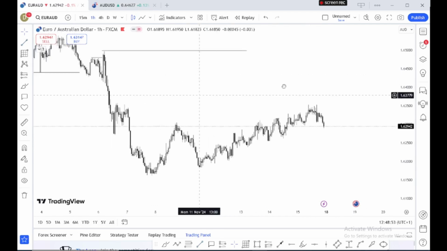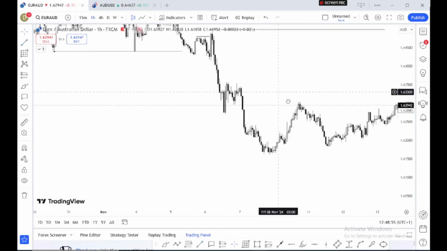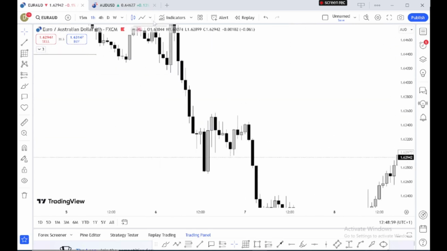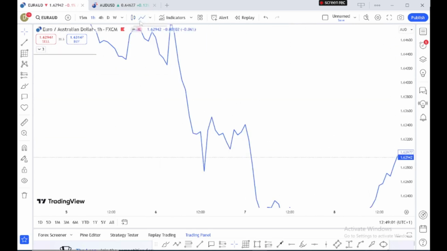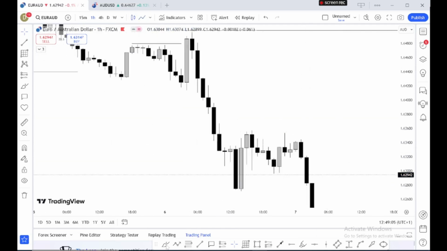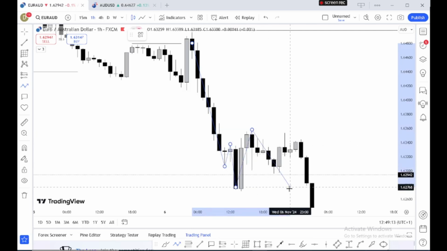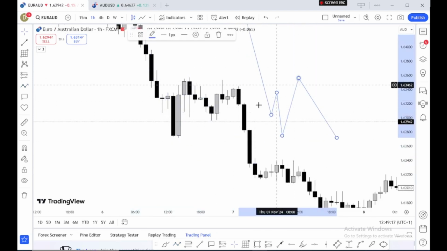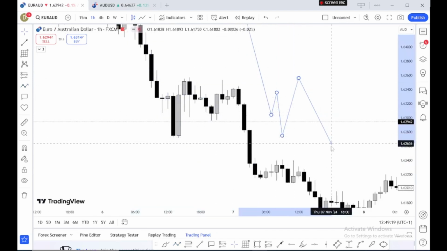But I saw something that was interesting. I was a bit confused, but when I checked it properly, I saw that we had a pullback here. So the market did something like this. As it was coming, it gave us a small thing like this, came down, then swept here, then came down. So it means that we had a structure formed here because the market closed below here.